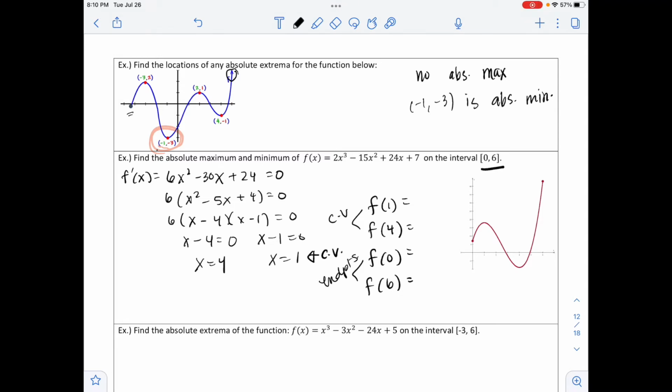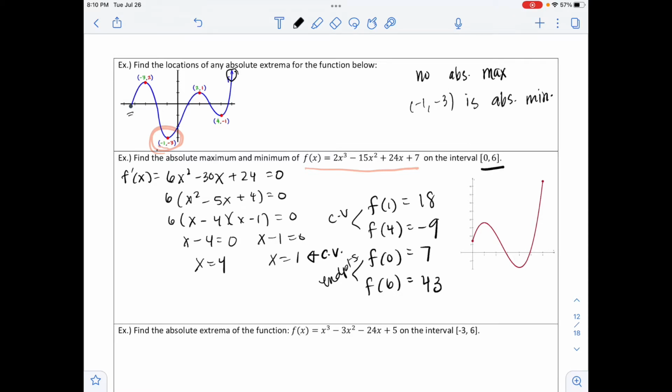And so substituting a 1 into our original equation, which is given to us up above, we're going to see that f of 1 works out to 18. F of 4 works out to be -9. F of 0 would work out to being 7. And f of 6 works out to being 43.